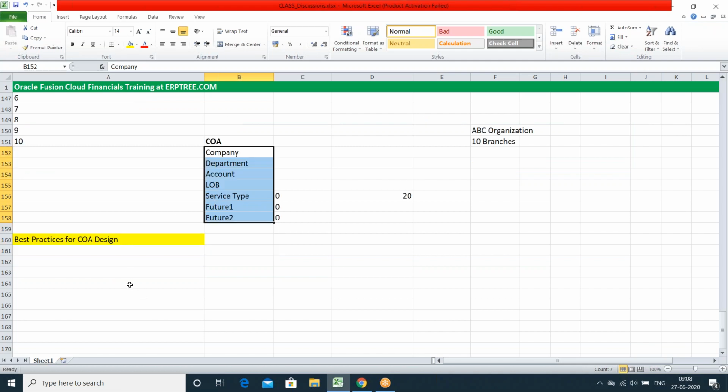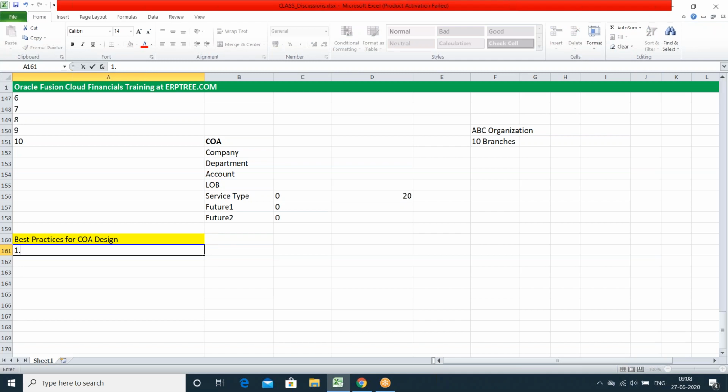But here, as a point you can take, as a best practice always go with one balancing segment. You can go with more than one also. That flexibility we have, that we'll see when we are creating it in the system. But as a best practice, one balancing segment you have to use.